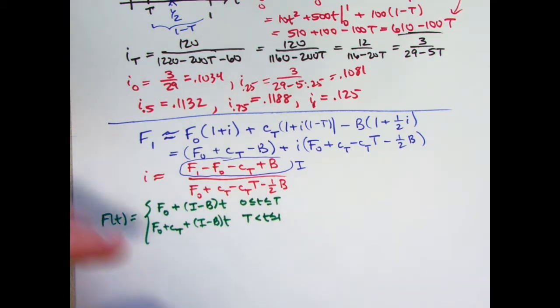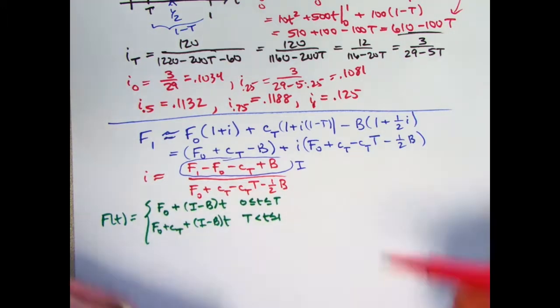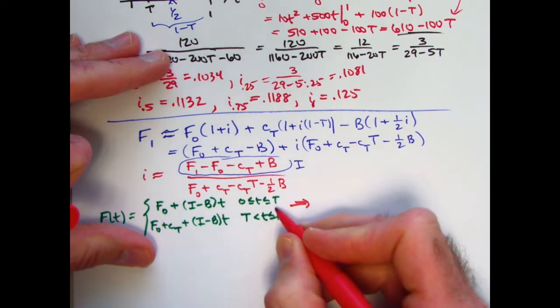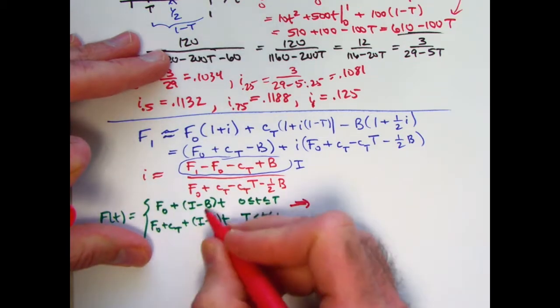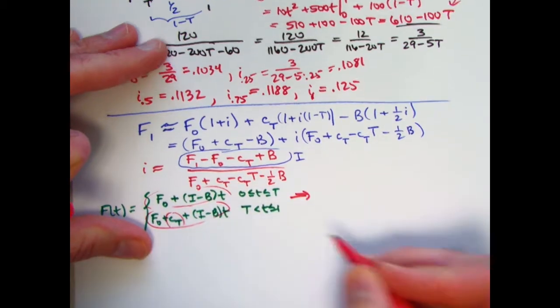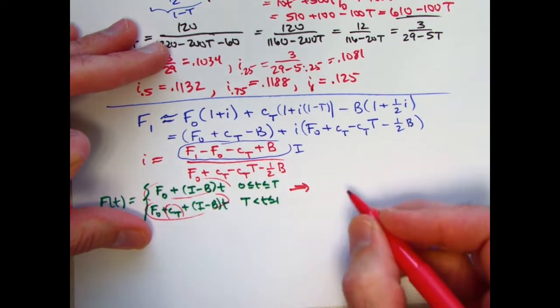So what is the integral of this going to be? Just like we did before, we could integrate from 0 to capital T and then add the integral from capital T to 1. But again, these formulas are exactly the same, except in the second piece you add that extra C sub t.